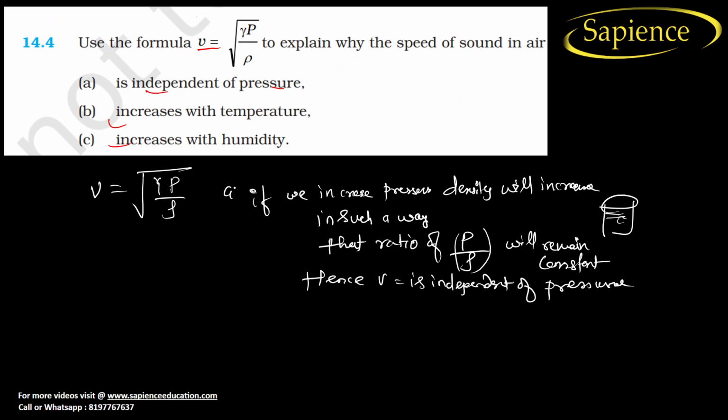Now this is part A. Now we will talk about part B. Part B is increase with the temperature. So whenever temperature will increase, what will happen? Density will decrease at a constant pressure. V is inversely proportional to the density, so if density will decrease, velocity will increase.